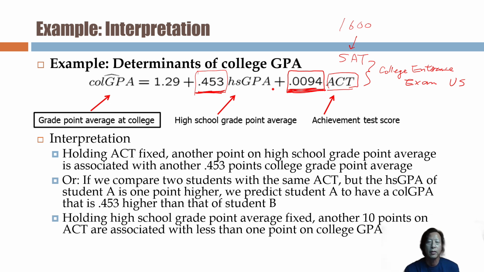Maybe, but we cannot tell by looking at this coefficient, because 0.0094 is due to the scale of the test score. That would be a slightly different story. So we cannot tell which one is more important here. Maybe the high school GPA is more important, but I don't know.